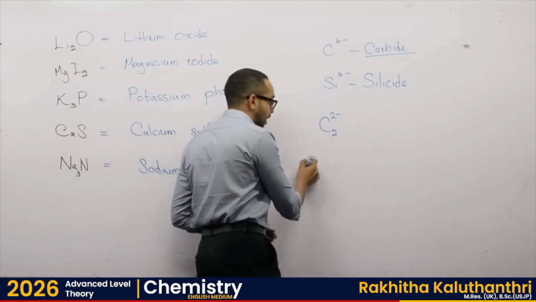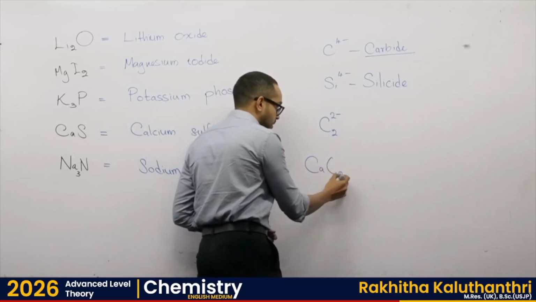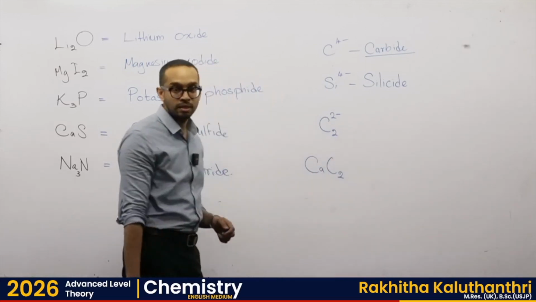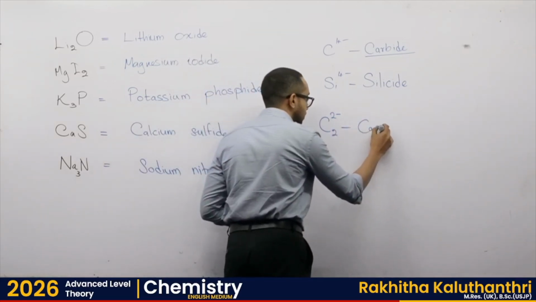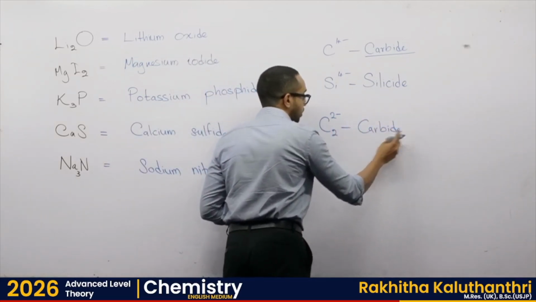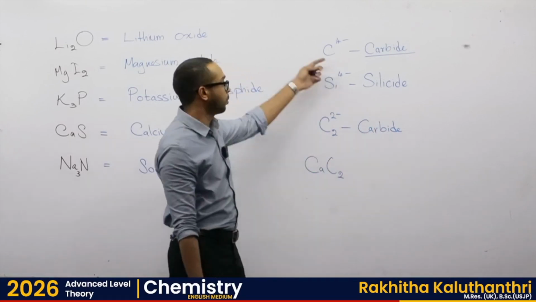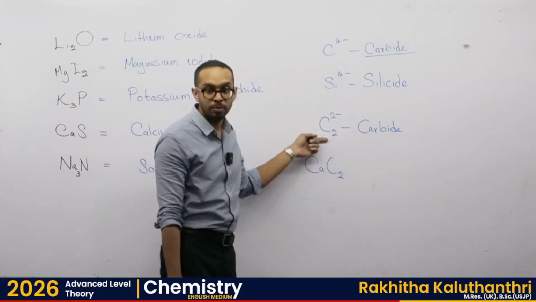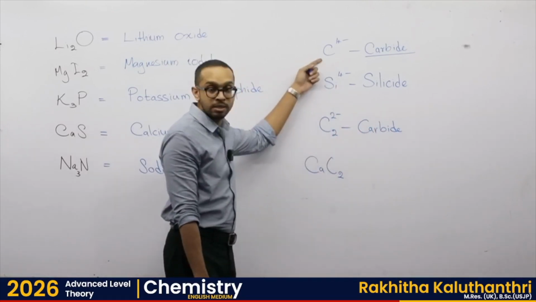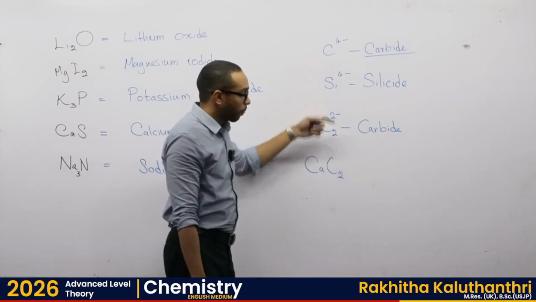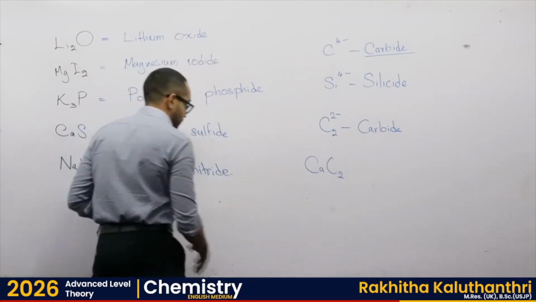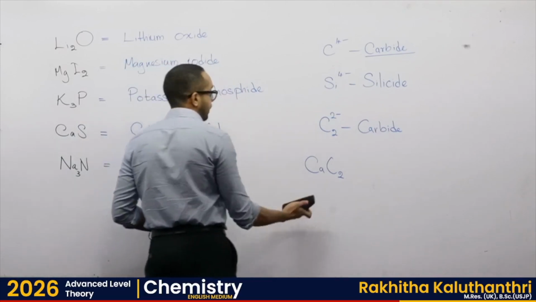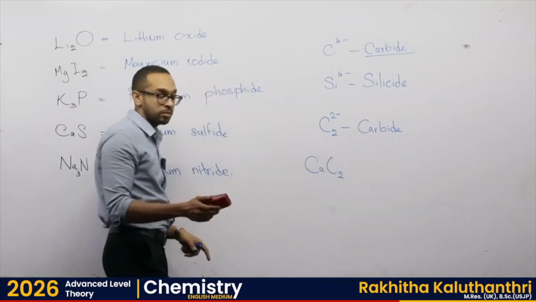So basically calcium carbide looks like this. Calcium carbide. So this also has the name carbide, so we can use the word carbide for both this or this. Actually this is more stable and common than this. Is that clear? This is more commonly seen. Okay, is that clear now?